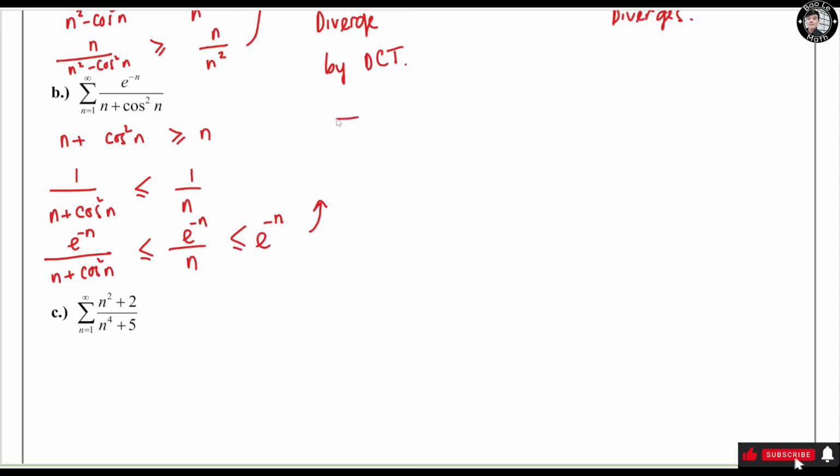So I have sigma, when n goes from 1 to infinity, of e to the negative n over n plus cosine square of n less than or equal to sigma of e to the negative n when n goes from 1 to infinity, right?